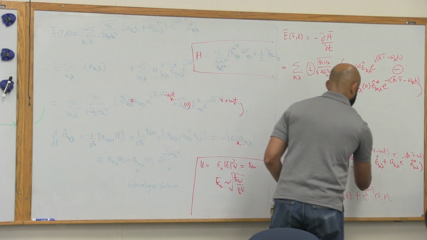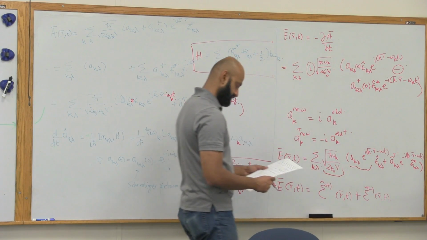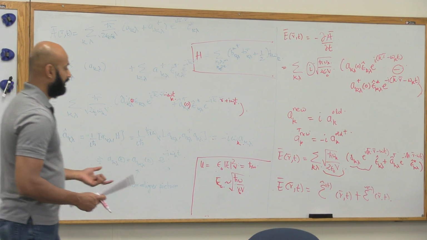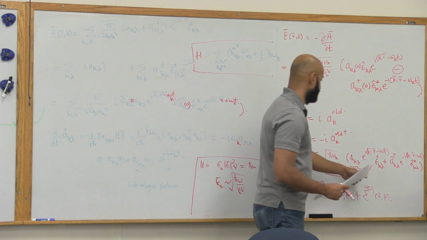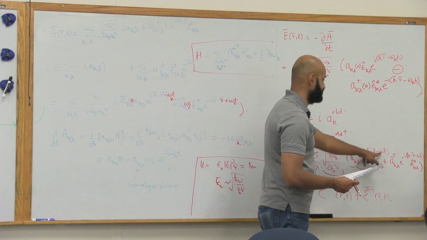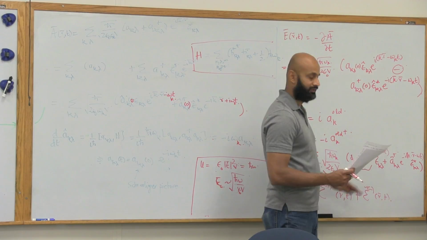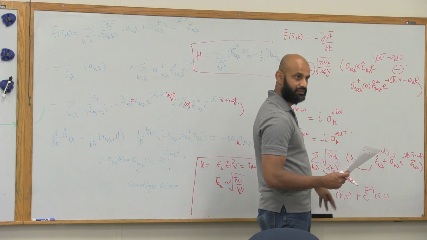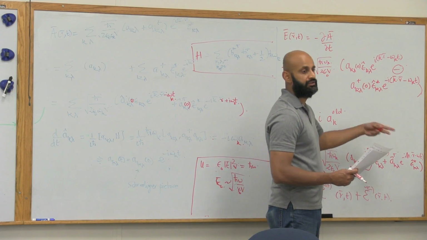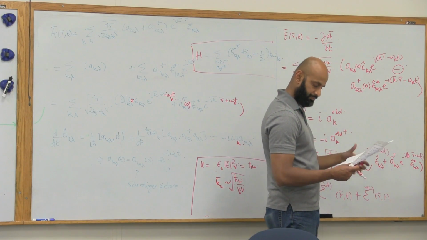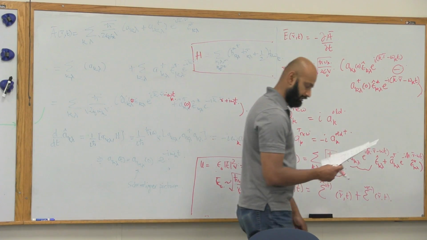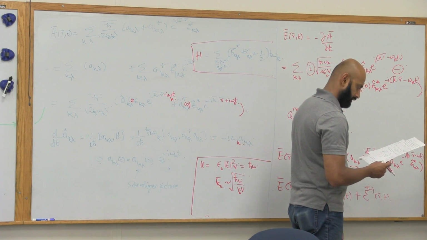Just as these are all operators, I've been dropping all those hats everywhere. Because a_k goes as e to the minus i omega t, this is called the positive frequency part, even though it goes as e to the minus i omega t. So this E plus denotes positive frequency, but the phase goes as e to the minus i omega t. It can be a little bit confusing, but that's the notation that is very common.